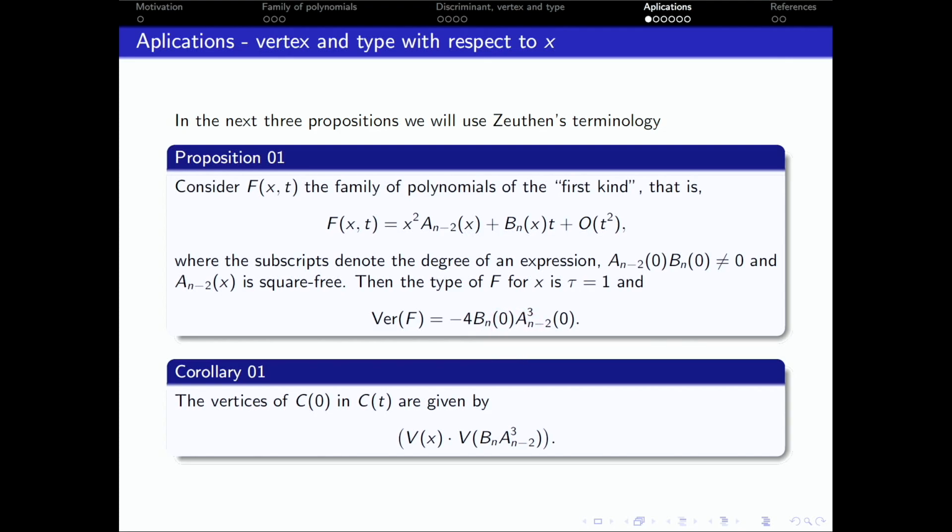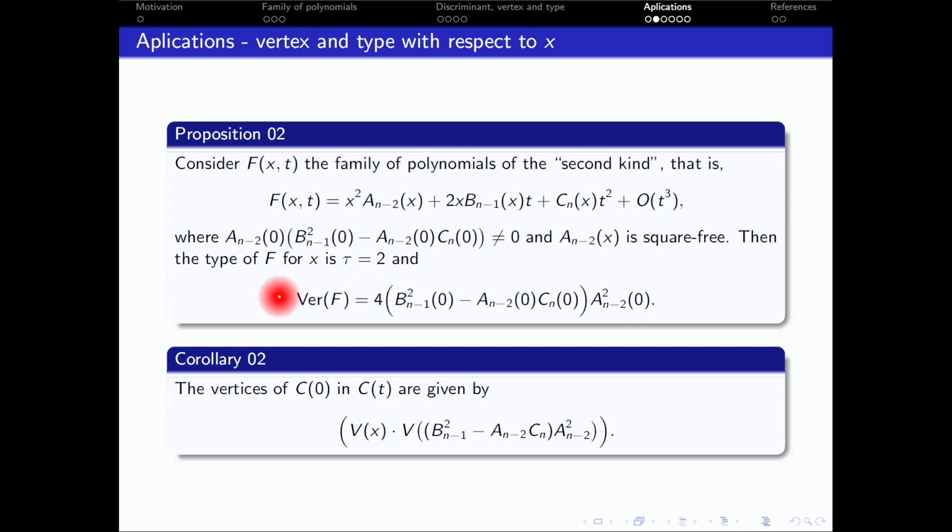We compute the vertex using that formula that I mentioned before. And the general type is equal to 1, so we may write anything of order bigger than 2 here, and the limit of the dual plane curve of this family does not change. So the interpretation of the vertex of this family by this formula is this one. The second type, we consider this equation here, where this component is square free again.